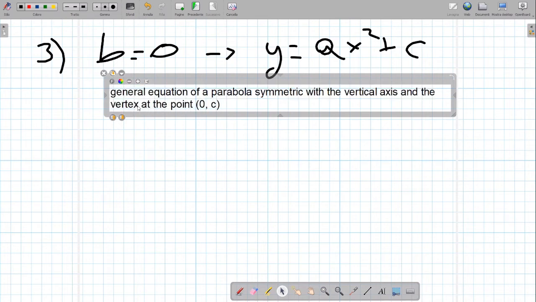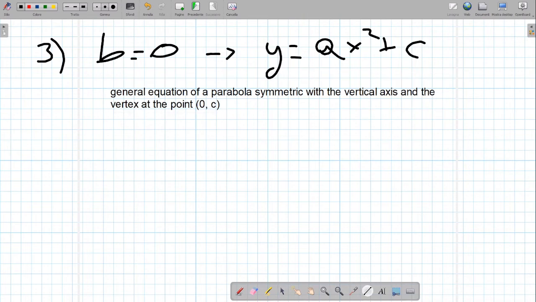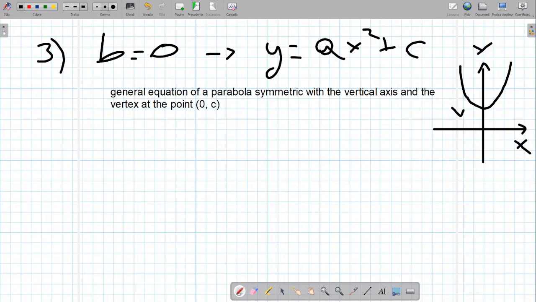And so just for drawing an example, it will be like that. And this will be your vertex, where actually this will be the value c. Okay?